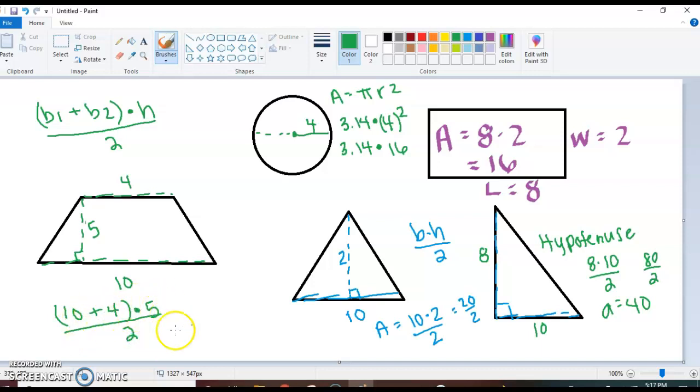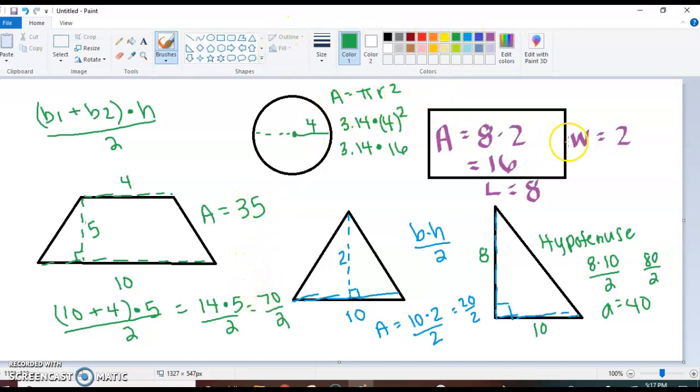And you can honestly type it in the calculator just like that if you wanted to. But I'm going to add the bases first. So 10 plus 4 is 14. 14 multiplied by 5 is 70. And 70 divided by 2 is 35. So the area of this trapezoid is 35.